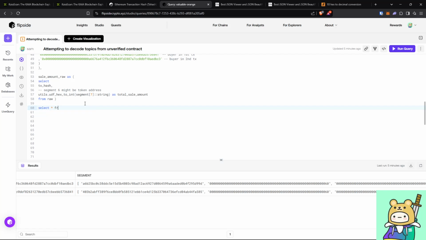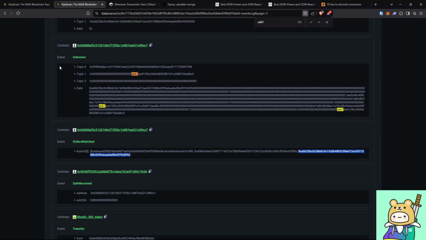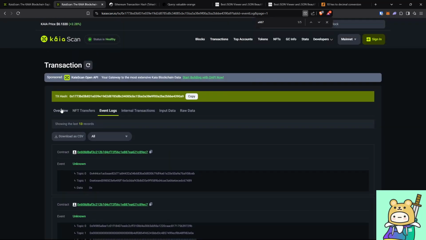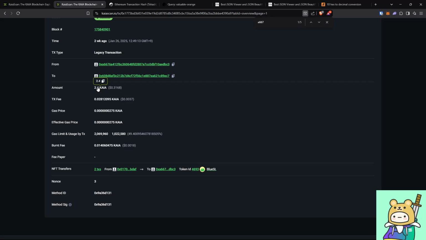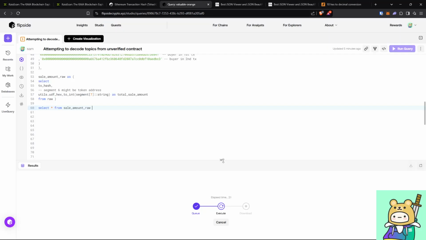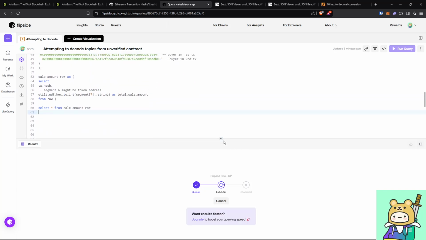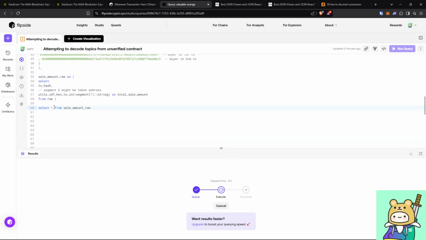So let's just double check that. I'm expecting this to show me 2.4. Oh, sorry, 24 and then a bunch of zeros, and then this one will be 19. So let's see. Right, 24 and then 19.